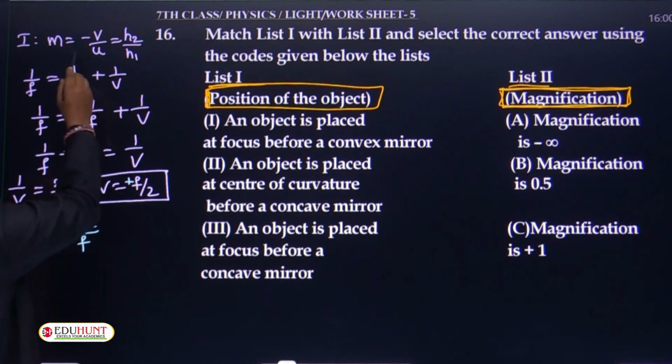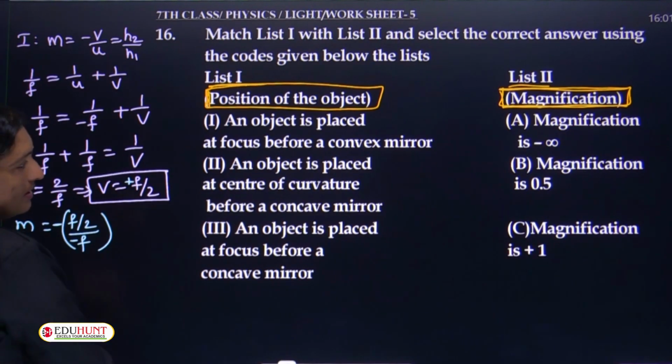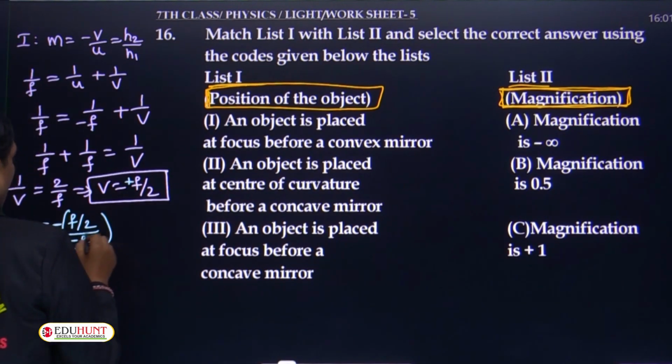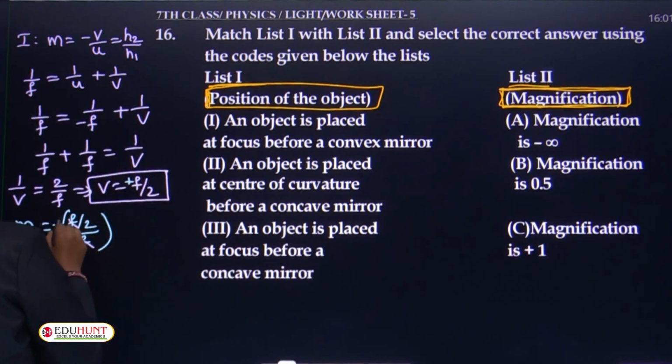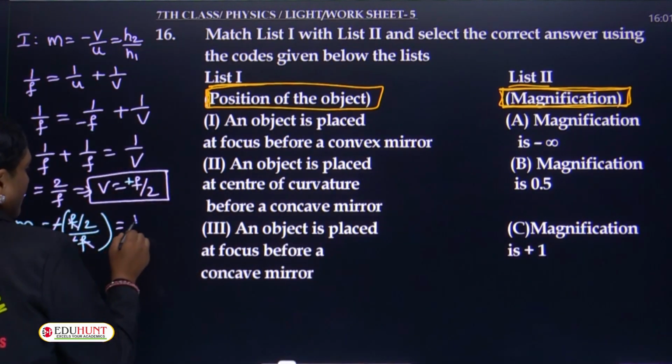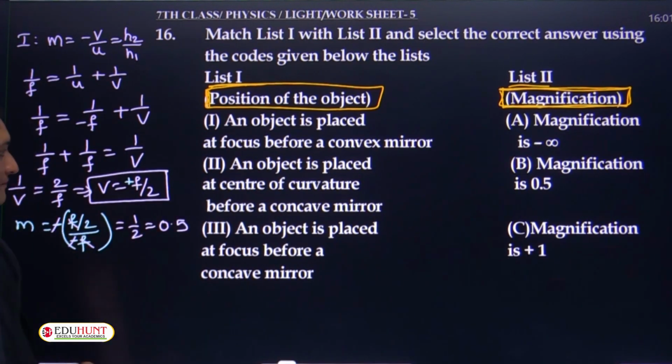The formula for m is minus v by u, so minus v by u is again minus f. Solving this, f and f get cancelled, minus and minus get cancelled. Here we are getting 1 by 2, and 1 by 2 is nothing but 0.5.